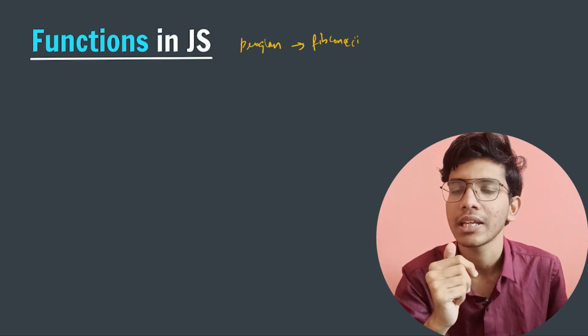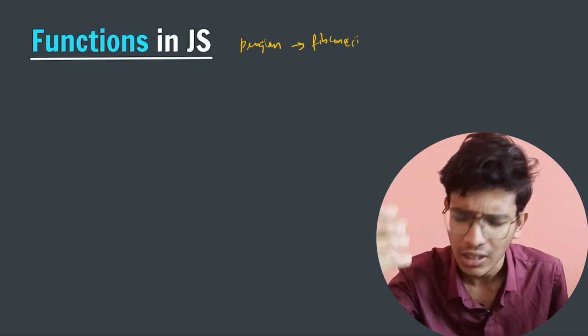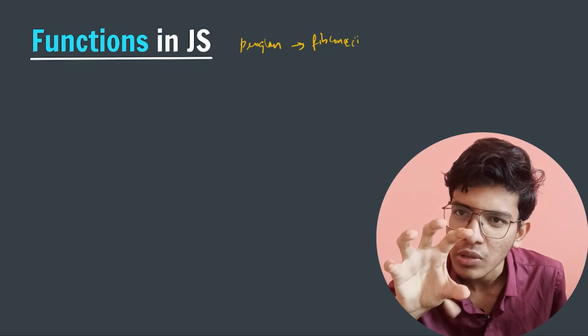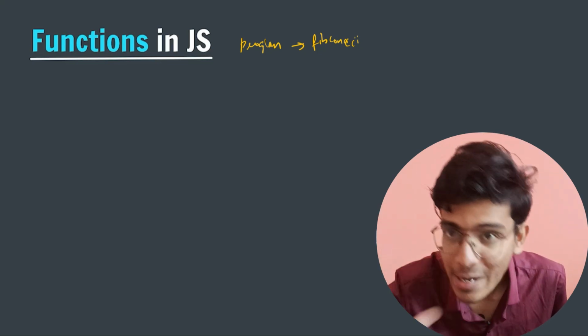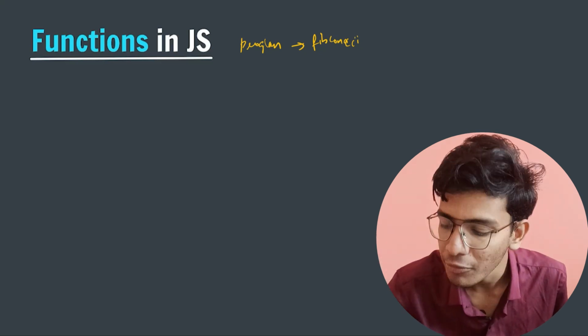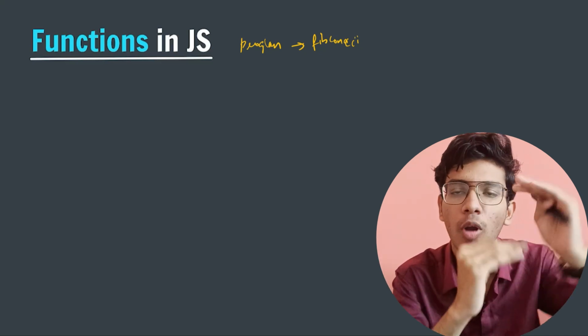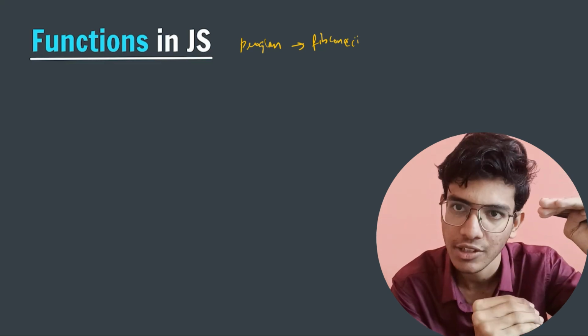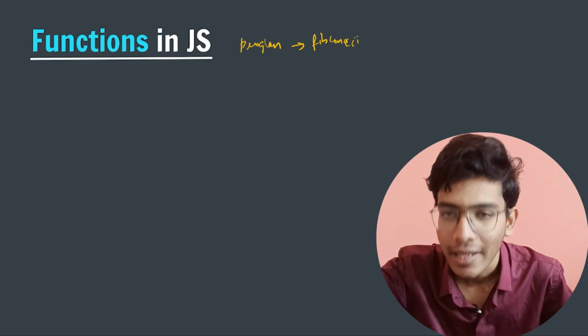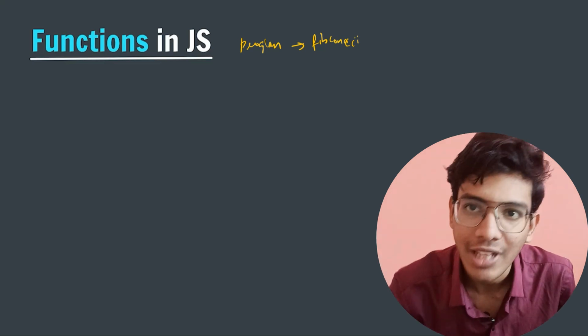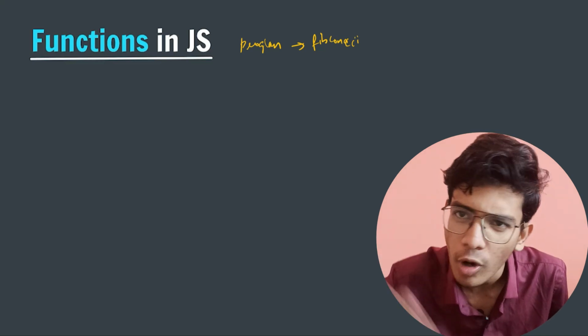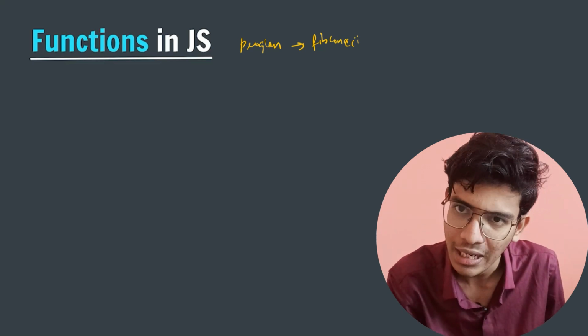If I ask you, in your code, are you going to write the program for the Fibonacci series 100 times? No. What we will do is create a block of code that calculates the Fibonacci series, and in the program I will call my Fibonacci function as many times as I want. Let's say I want to call the function 100 times, then basically I will write the line.